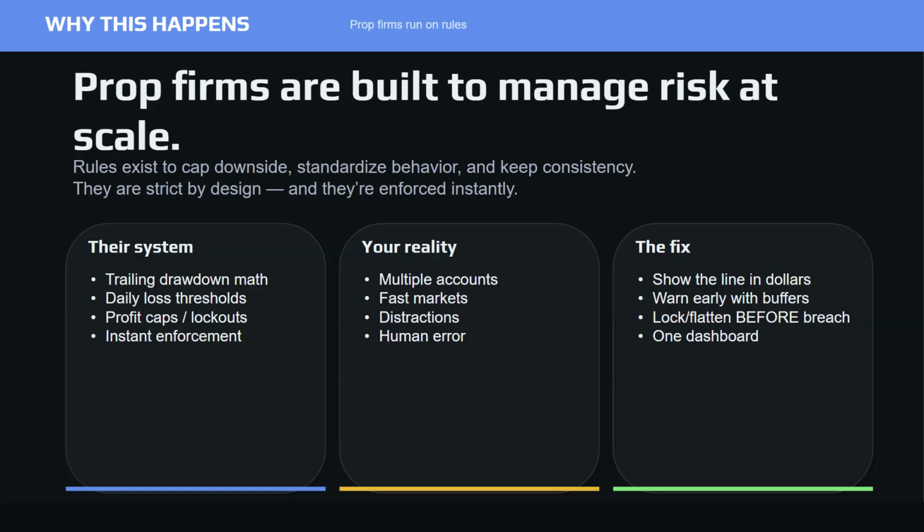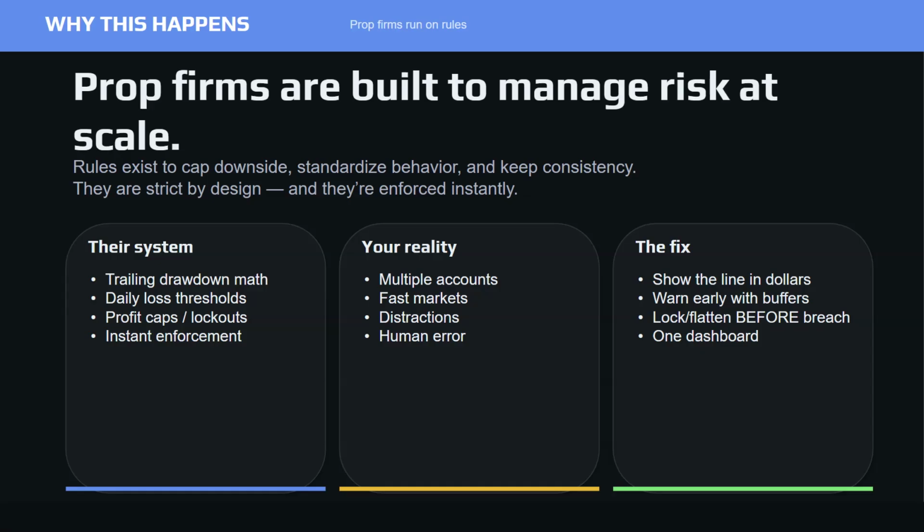So the system the prop firm has is built to manage risk. In reality, it is made to make you fail. I just cannot say it in the presentation, but this is the reality. But it is a risk management system. So what we did is take the system and make it for you to use against them. That's it.